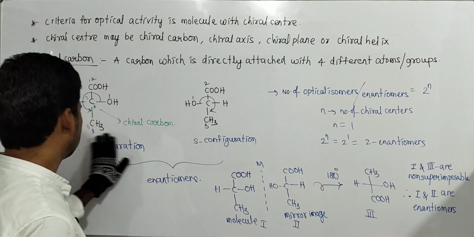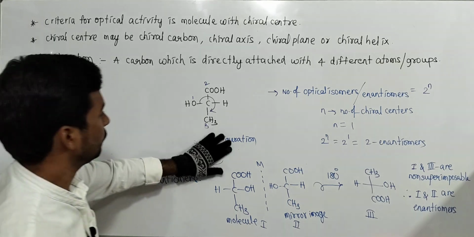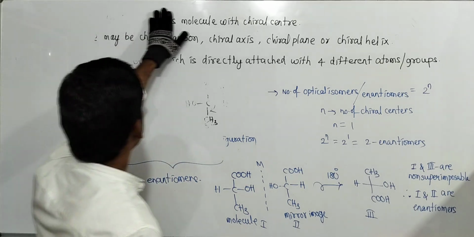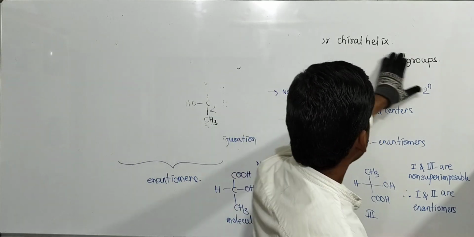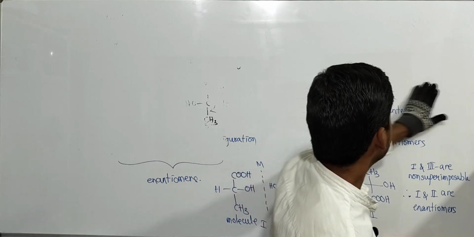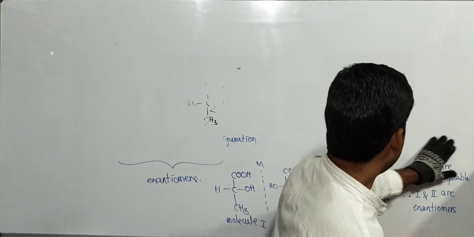Next, if two chiral centers are there, what happens? A molecule with two chiral carbons. Here we are talking about chiral carbon, but chiral centers include chiral carbons, chiral axis, chiral plane, and chiral helix.